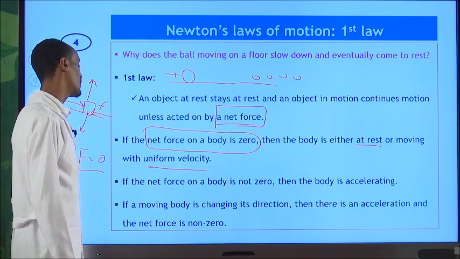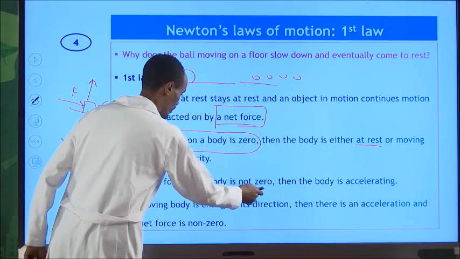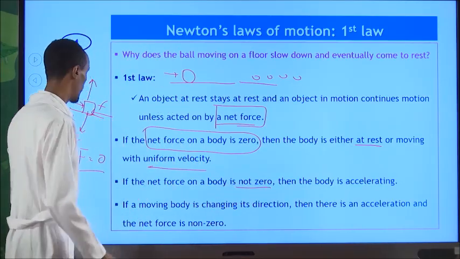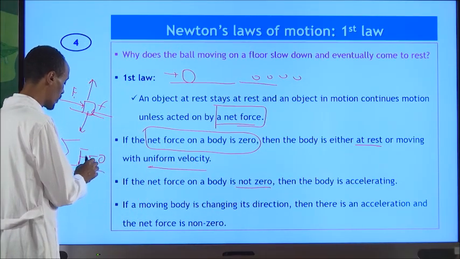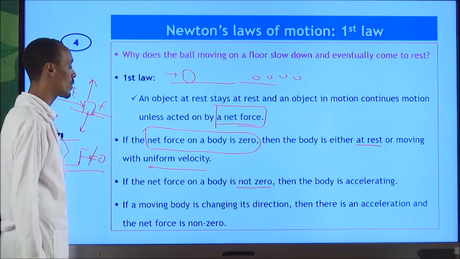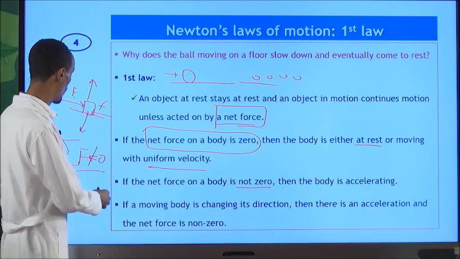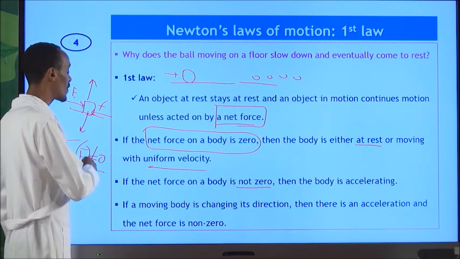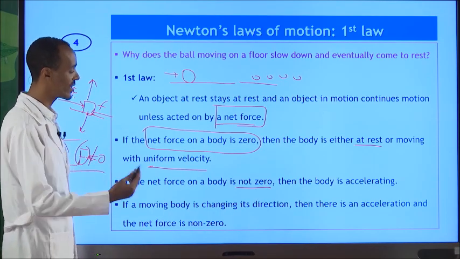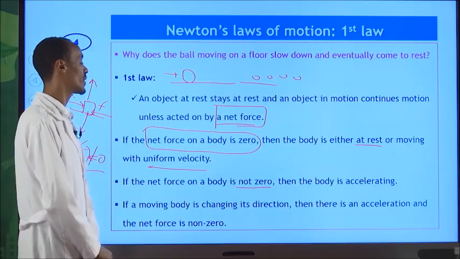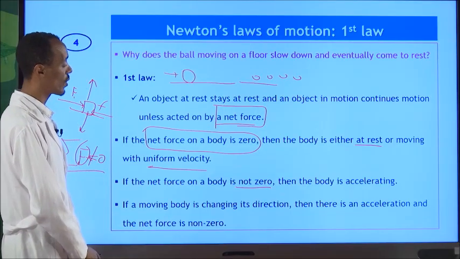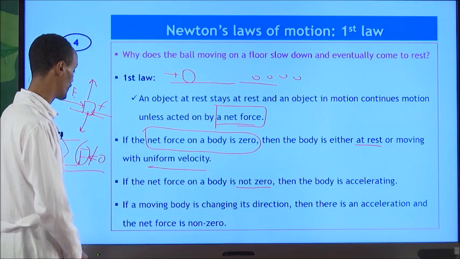If the net force acting on the body is non-zero, different from zero, then the body is accelerating, because this force is greater than zero and it is changing the velocity. When the velocity is changing, then obviously the object is accelerating.